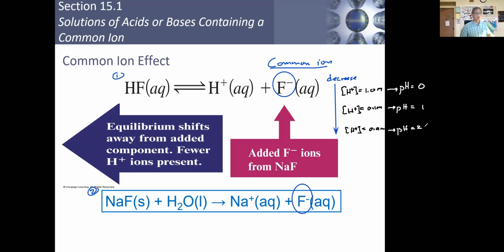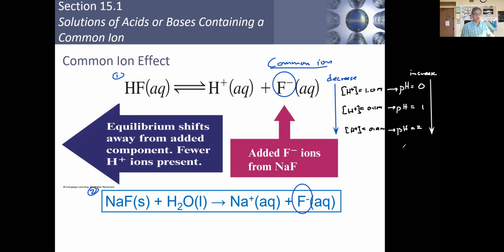So if you notice here, as the hydrogen ion concentration goes down, what do we see happening with the pH? The pH goes up. So as the hydrogen ion concentration goes down, the pH goes up. That's what I've been trying to tell you. If the pH increases, that means we're going from a more acidic solution to a less acidic solution.